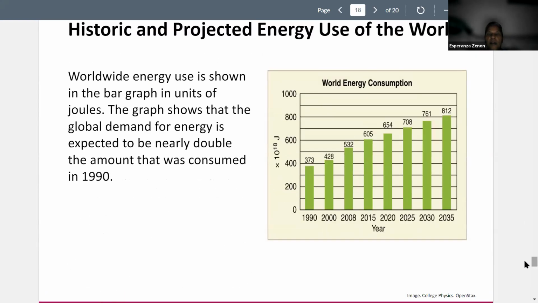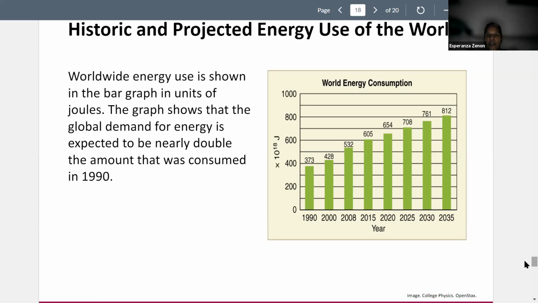This is an interesting chart. So they do some projected energy use for worldwide. You can see here, our energy consumption right about now is right at about 654 times 10 to the 18 joules on planet Earth, if you will.